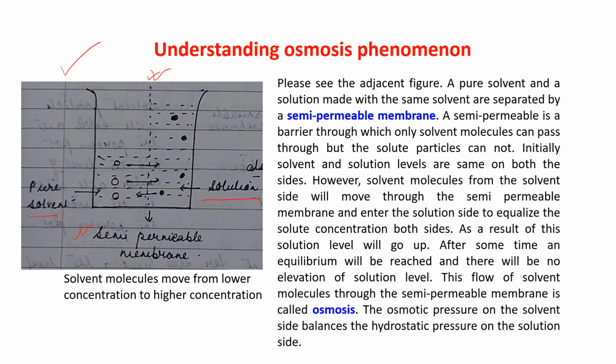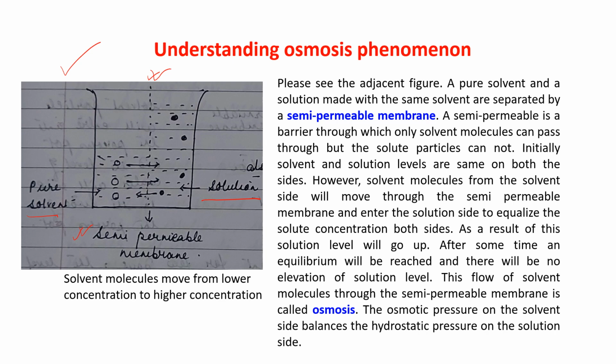Now the semi-permeable membrane is separating the pure solvent and the solution, but only the pure solvent molecule can pass through this and go to the solution side, but from the solution side the solute cannot come to the pure solvent side.